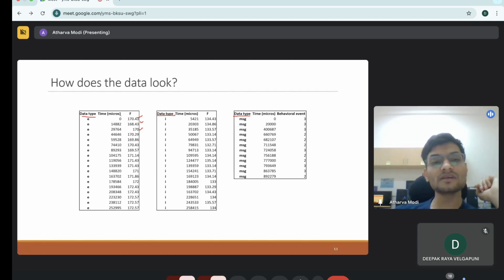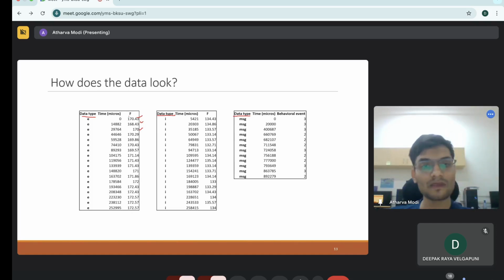If you see, here we are using a strategy where we alternate: at time zero we do excitation, at 5 milliseconds isosbestic, at the 14th millisecond excitation, and after 6 milliseconds again isosbestic. So these alternate between each other.